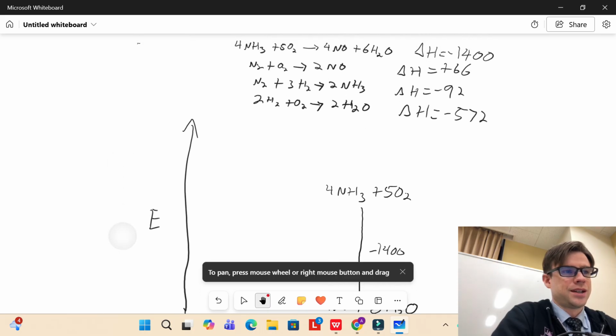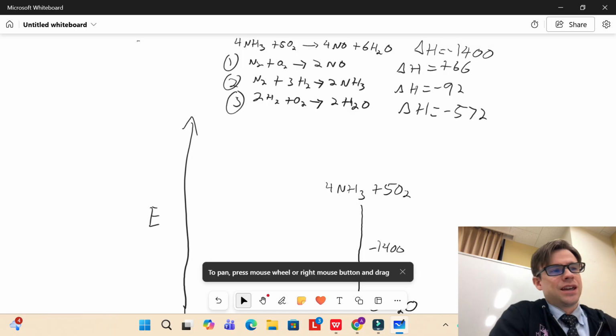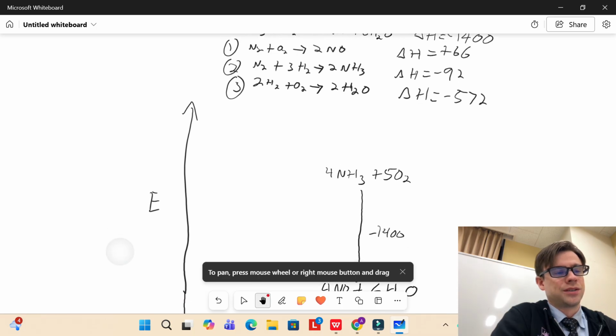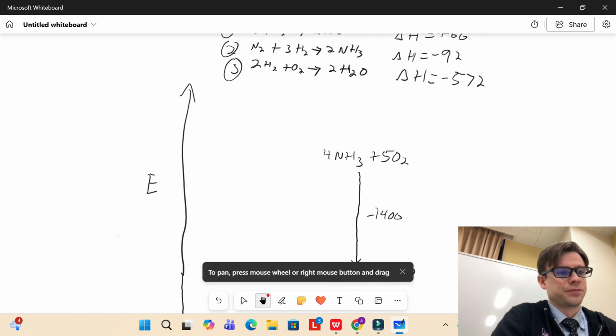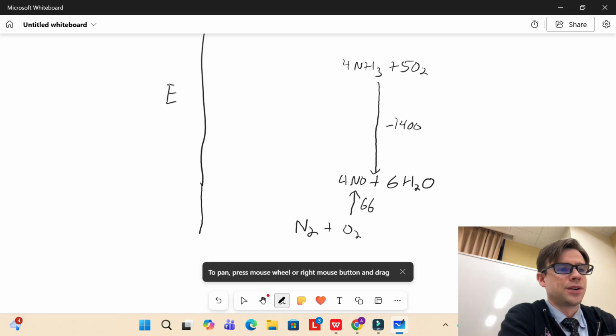Well, if you look at equation number 1, this says N2 plus O2 goes to 2NO, endothermic. That means NO is above nitrogen and oxygen gas in terms of energy, because it's endothermic to even produce that. So somewhere underneath here, you've got to have N2 plus O2, and that process is endothermic plus 66 to make 4NO.